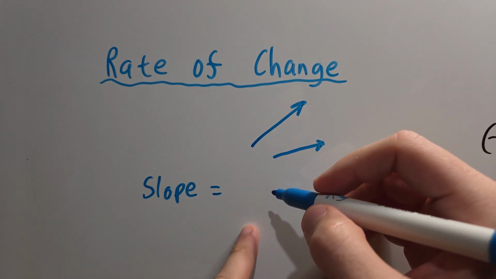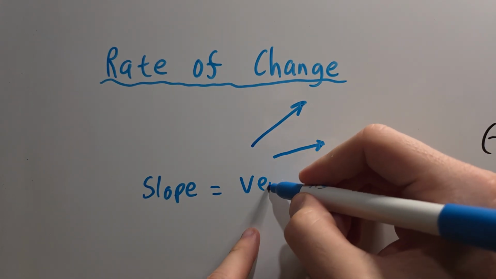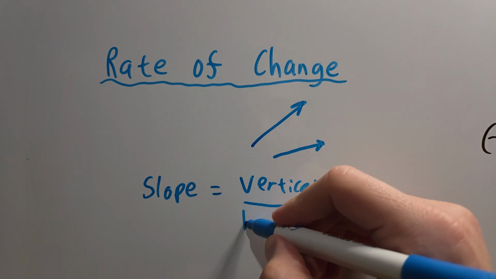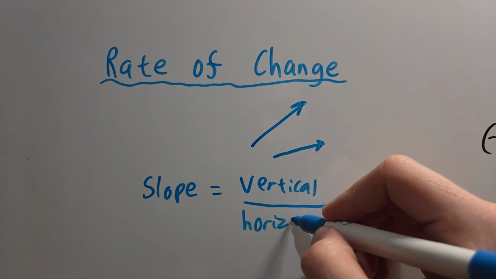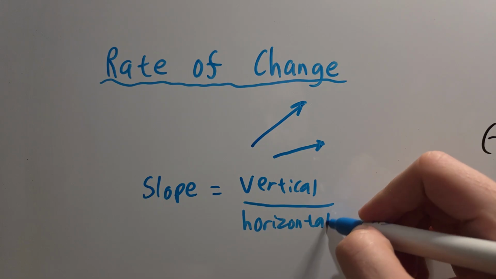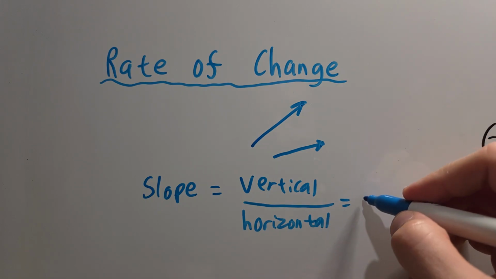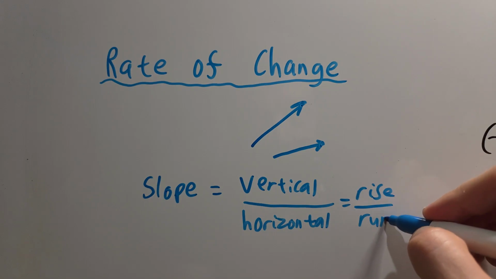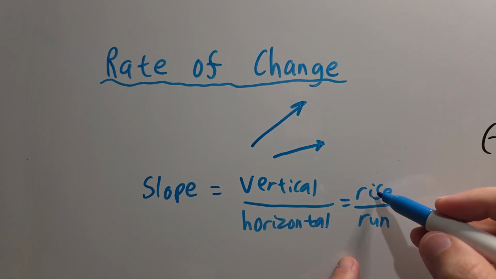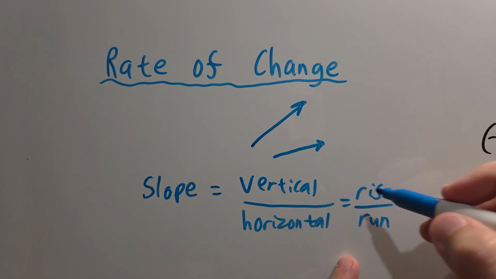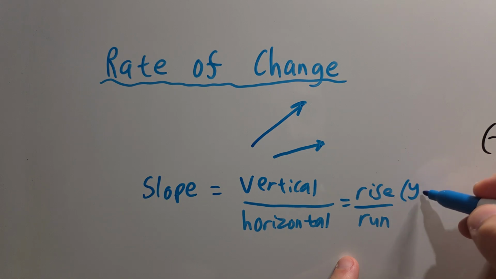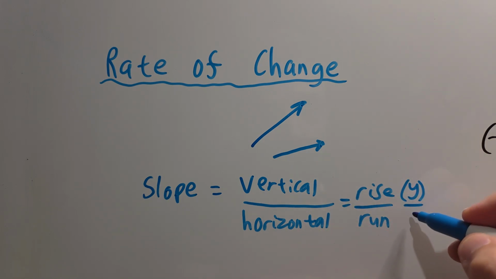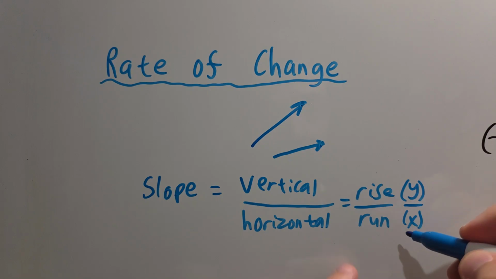And slope is calculated as vertical change over horizontal change, or more commonly, rise over run. Rise is that change in y, the vertical change, over the run, which is the horizontal change, or the change in x.